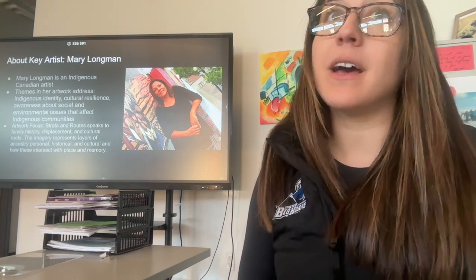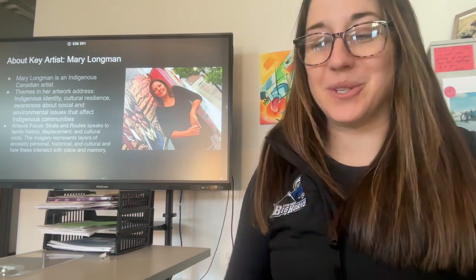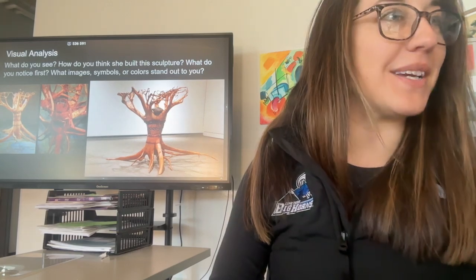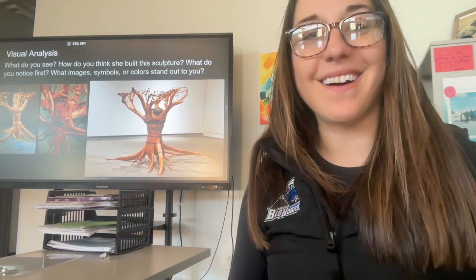And we're looking at Strata and Roots, but before we get into her artist intent, I want you guys to practice a little bit of just visual analysis. Perfect. So here's some pictures of her sculpture, and everybody got our handouts.